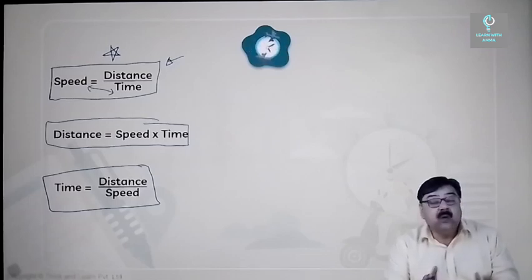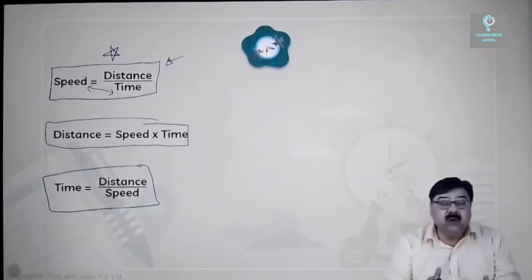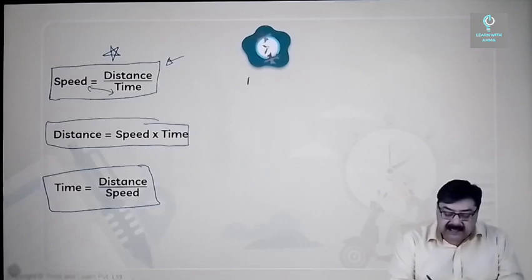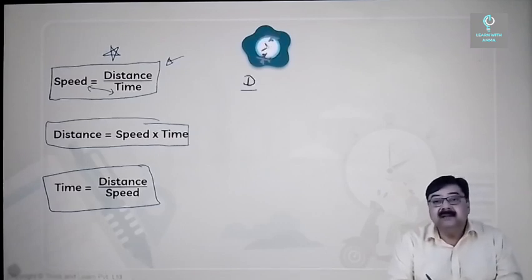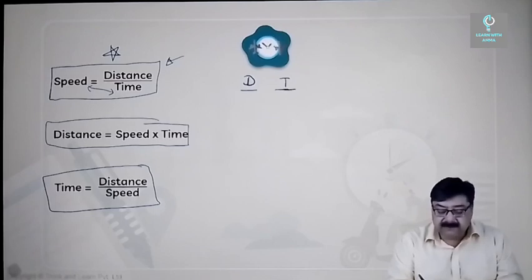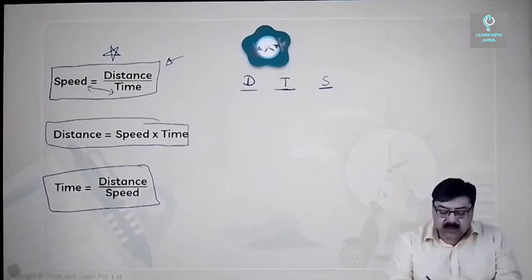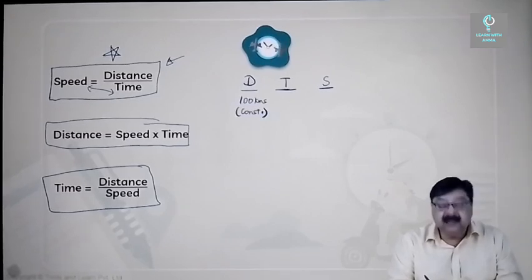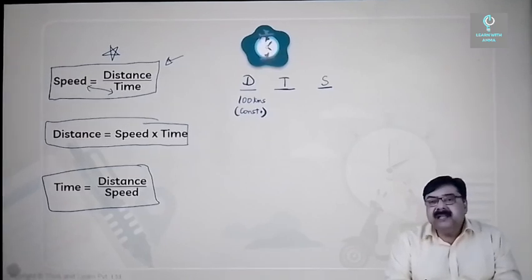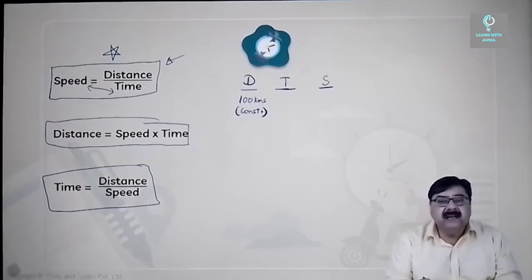And how was this formula derived or arrived at? Let us say D is the distance covered, T is the time taken to cover that distance, and S is the speed at which that distance is covered. So assuming that we have to cover a distance of 100 kilometers, which means that the distance to be covered here is constant. Then what will be the relationship between speed and time?